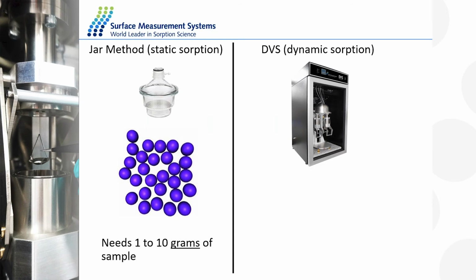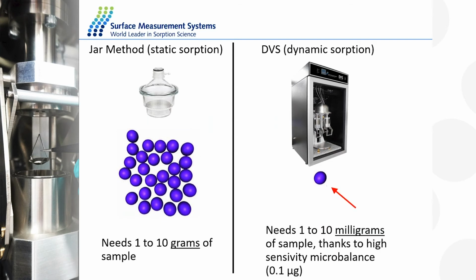The difference between the two methods is related to a series of changes that allows us to collect data much more accurately. The first difference is the mass of sample required. With a manual method, we usually use grams of sample. The higher the mass, the more repeatable the experiment. However, in a DVS, we use a microbalance. Consequently, we can use milligrams of sample rather than grams.